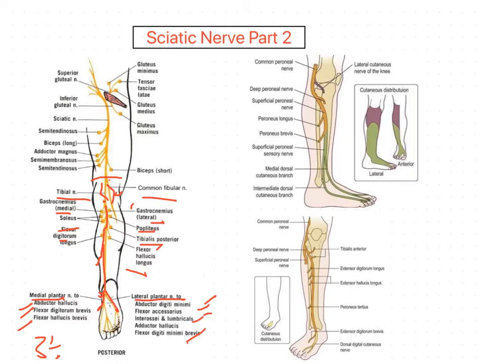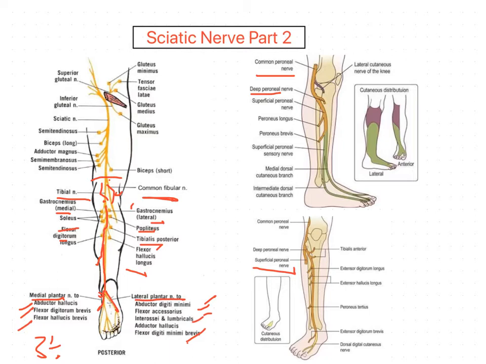The other terminal branch of the sciatic nerve is the common peroneal nerve. This common peroneal nerve further divides into the superficial peroneal nerve and the deep peroneal nerve.